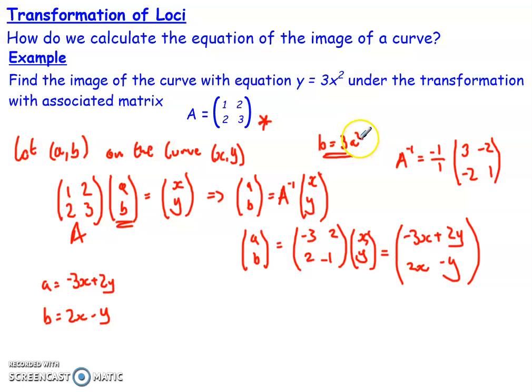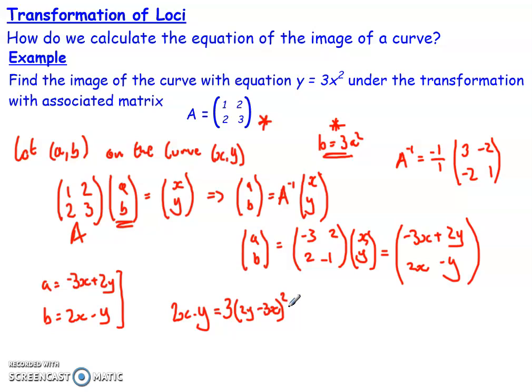So if I substitute these new relationships for a and b in terms of x and y into this equation, b equals 3a squared, what I'll end up getting is 2x minus y equals 3 times (2y minus 3x) squared.